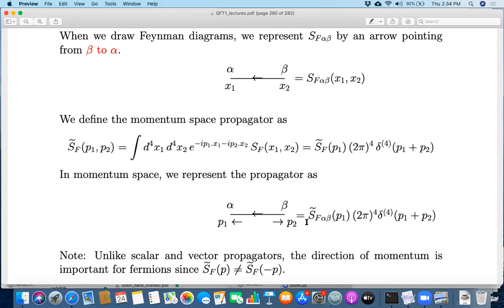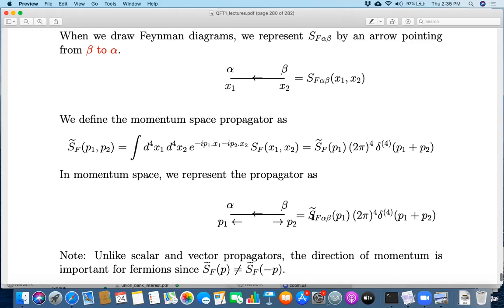That's still true here. We will not want to make a difference between scalars and fermions here. But this label will still be there. The two sides will be labeled by alpha and beta, and there will be an arrow which tells us which side is psi, which side is psi bar.